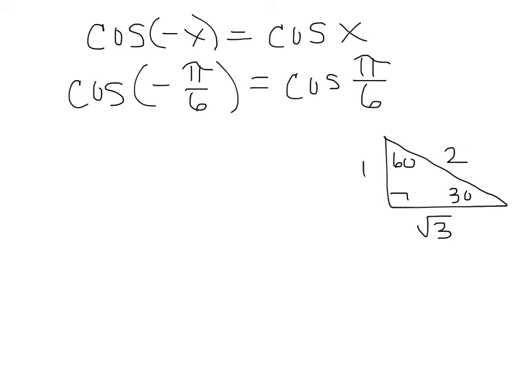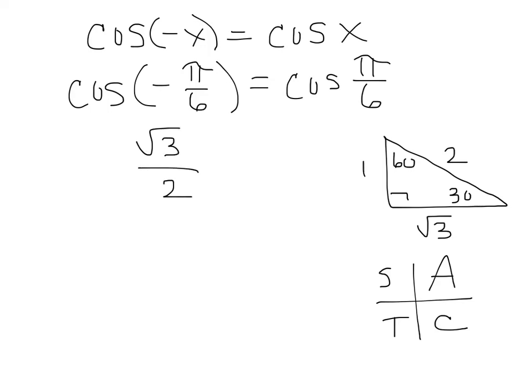Cosine of 30 is root 3 over 2. Now, if you look at the left-hand side of the equation, we have negative pi over 6. That's a quadrant 4 angle. But we know, using our concept of All Students Take Calculus, that cosine in quadrant 4 is positive. Therefore, the left-hand side gives you positive root 3 over 2.